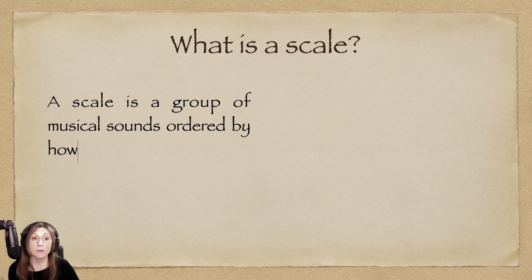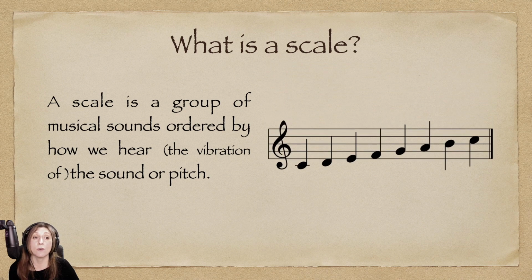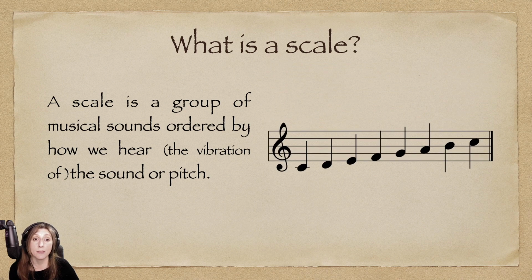A scale is a group of musical sounds ordered by how we hear the sound or the pitch. Something important that you need to know is that after a long time of playing and sharing songs and melodies orally, some people created a way to write the sounds on a piece of paper to pass on the music they were doing. So these people a long time ago decided a way to order the sounds, and now we have the scale.